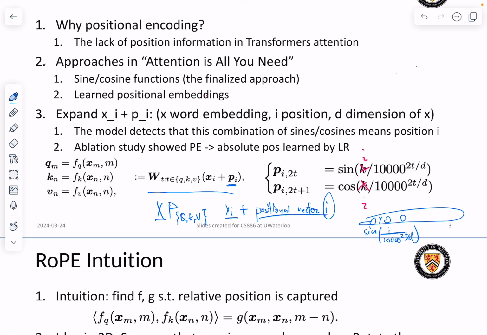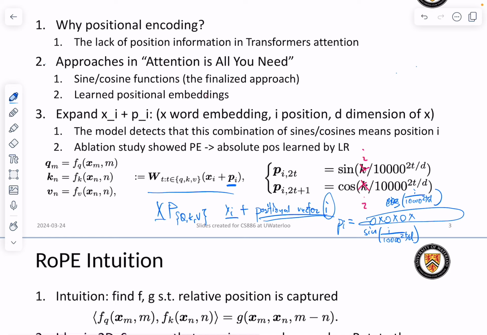And at odd positions, we add cosine of i over 10000 to the power 2t over d. And pi is the positional vector at i, so as you can see, this pi will be heavily dependent on what i is, and it's going to be unique to the specific i.